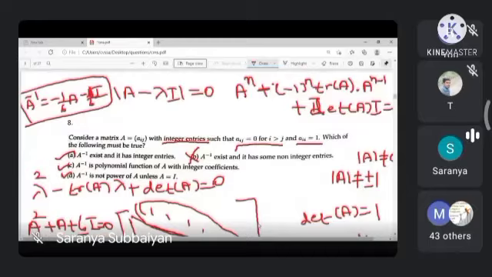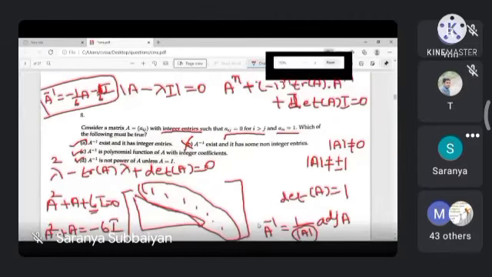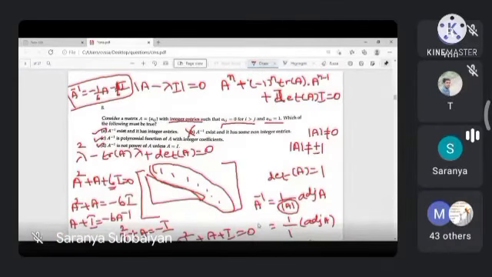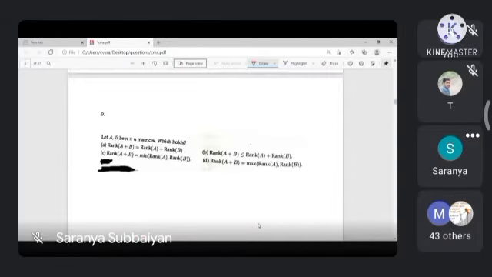Now you see the eighth problem, same thing. Whatever we solved previously, right? They're asking in terms of inverse. In the last problem, they're asking in terms of B. That is the connection between the two problems. So next one.